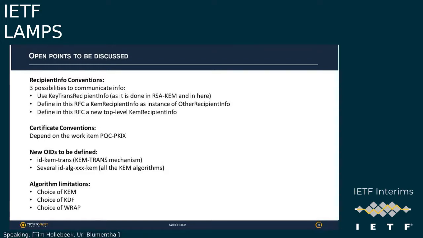Output of KEM is the key. Or I specify KDF XYZ, which implies that for whatever reason, I'm not happy with how the KEM whitened its output, and I'm applying an external, explicit KDF to it.